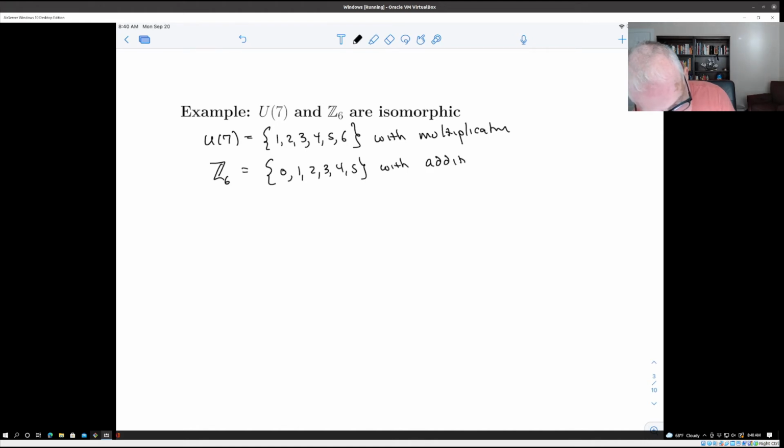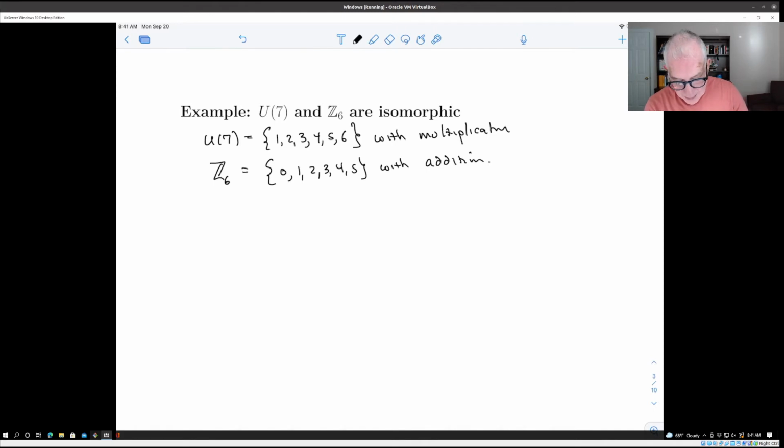Now, both of these sets have 6 elements, so there's lots of bijections between them. But if we want an isomorphism, we have to not only worry about the bijectivity, but also about the fact that it preserves the multiplication.